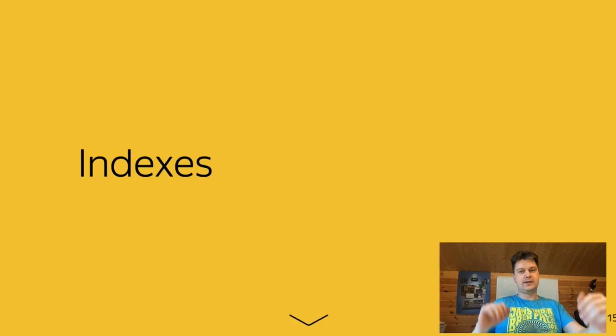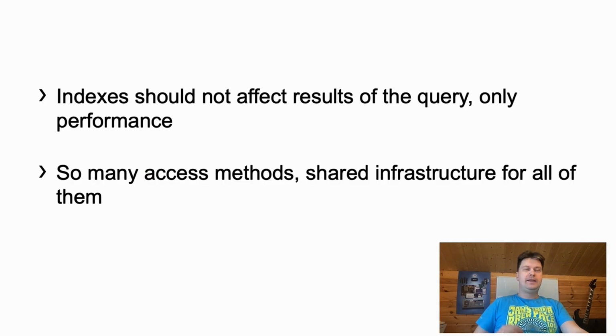So let's talk about indexes more. Indexes are a very interesting type of object within the database. They never affect the results of a query. This is per the SQL standard. And in Postgres we have many different access methods.